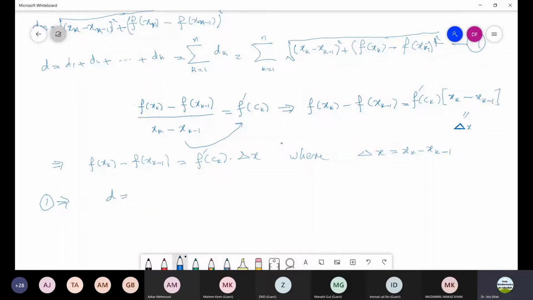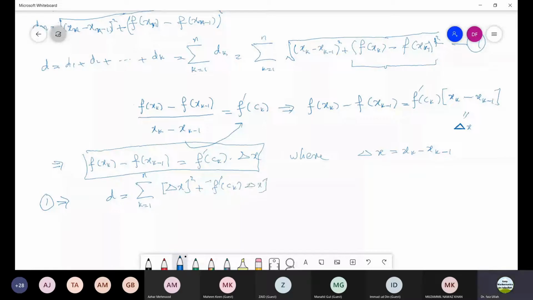d is equal to summation k from 1 to n, and now look here, xk minus xk-1 is delta x, so I'm writing delta x square plus, now f(xk) minus f(xk-1) is equal to f'(ck) into delta x, and that is whole square under the root.